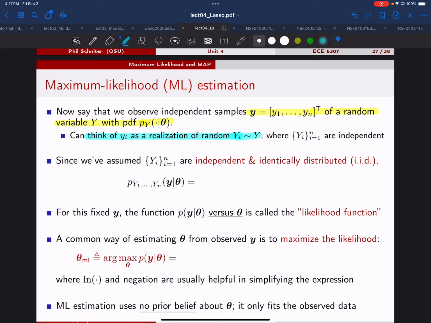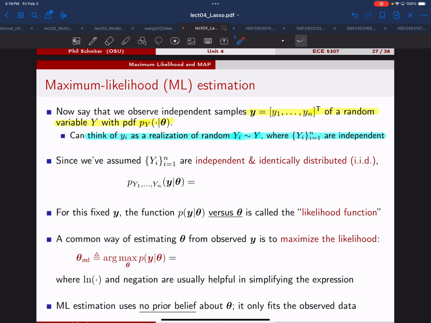But we're going to assume that all these capital Yi's are independent. It's a slightly more correct, more easily interpretable way than saying these samples are independent draws. You just say each one of these came from its own random variable. And those different random variables are statistically independent of each other, and they're all identically distributed to some common random variable Y. Okay, so that's sort of how we're going to think about this.